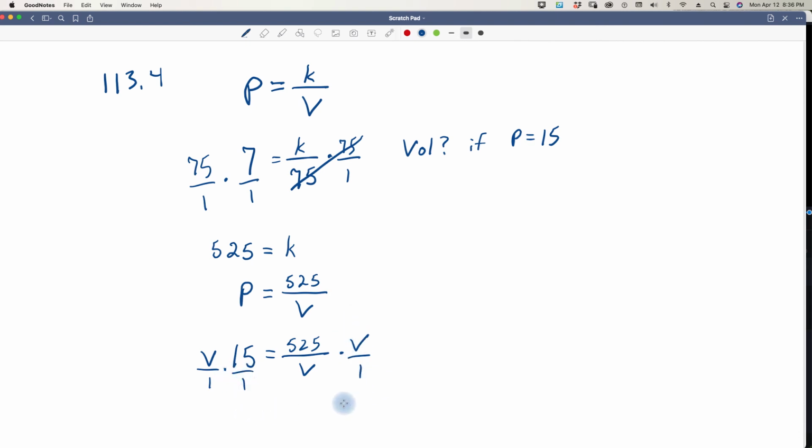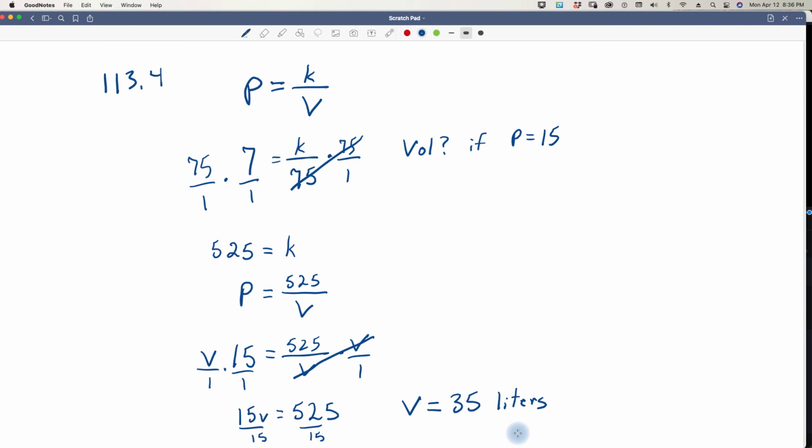Not over 525. We just take the denominator and make it a whole number, and that's what we multiply by. So 15V equals, these two cancel, 525. So now we just divide both sides by 15, and volume equals 35. So the volume is 35 liters.